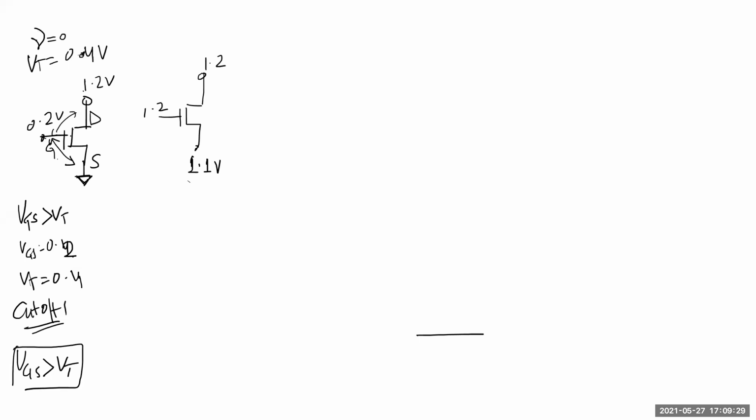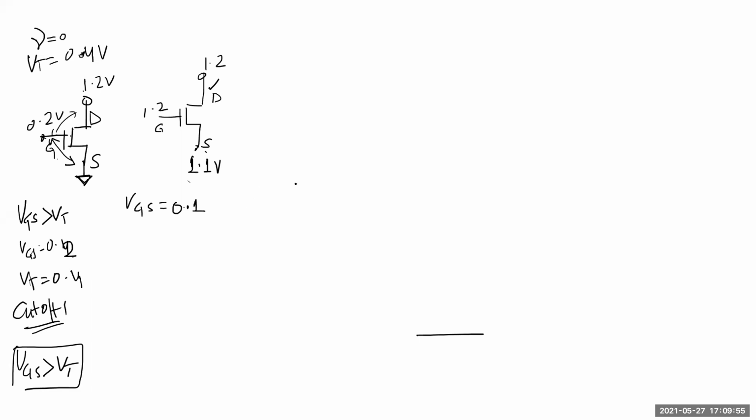Okay, sorry, I'm back. Yeah, correct. I think now you guys are getting cutoff because this is the NMOS, right? So this is at a higher voltage than this. So this is drain, this is source, this is gate. VGS is VG minus V source, which is equal to 0.1 volts, which is obviously less than VT, right? It's in cutoff.